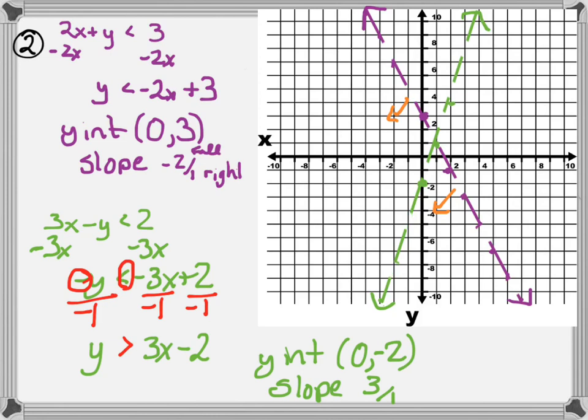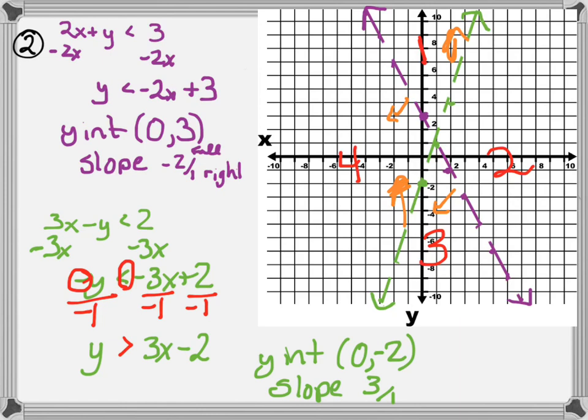So if I am greater than the green, that means I need to be above. And so if I'm shading everywhere above, it would go this direction. So if I go through and I want to number the little areas, 1, 2, 3, and 4.